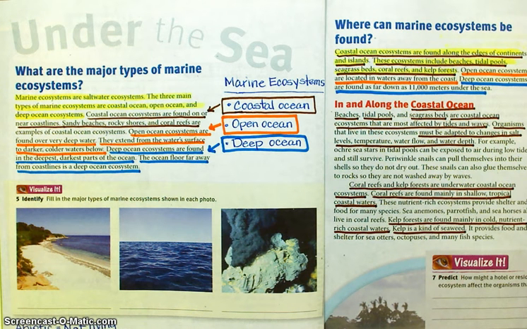Sorry about that. So deep ocean ecosystems are the deepest, darkest parts of the ocean, and the ocean floor, really far away from coastlines. Basically, there's going to be no light down there, and that sort of thing.